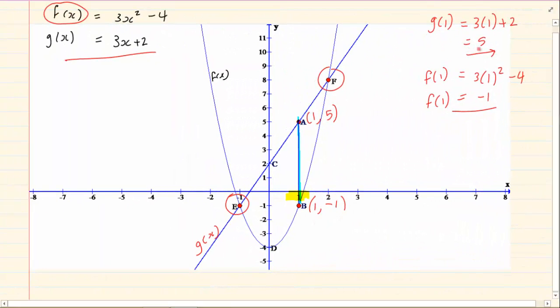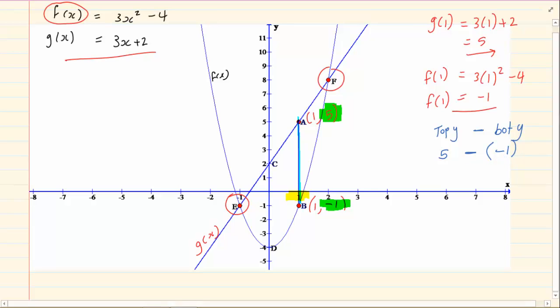So, the top y value is 5, and the bottom y value is minus 1. But look at what we're saying. It is top of the y minus the bottom of the y. What is the top of the y? 5 minus. What is the bottom of the y? The bottom of the y is minus 1.